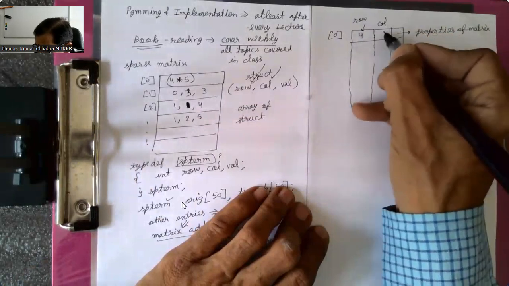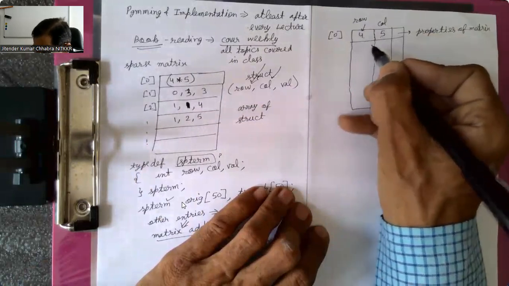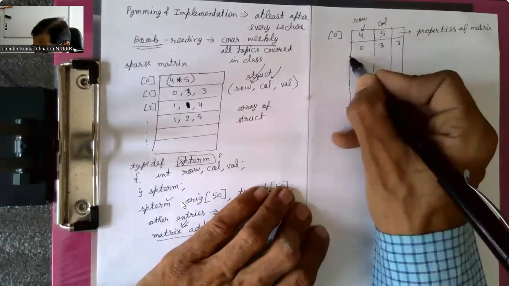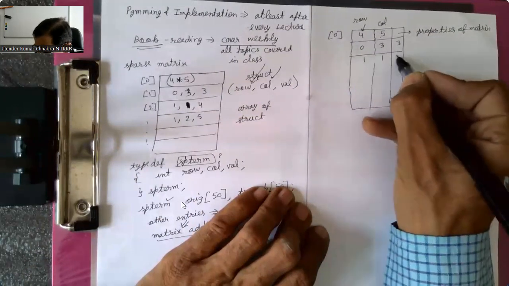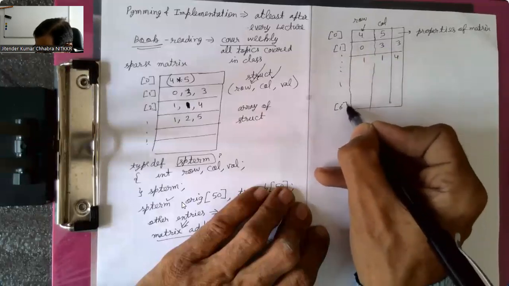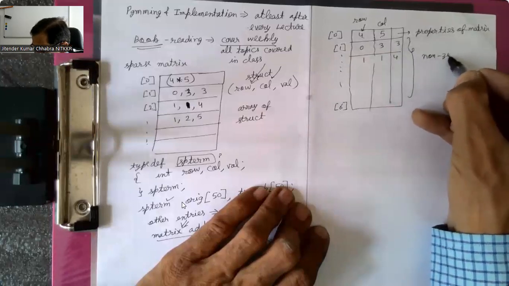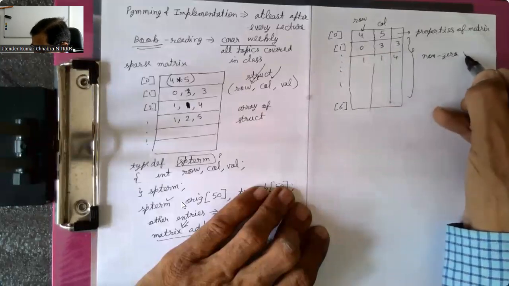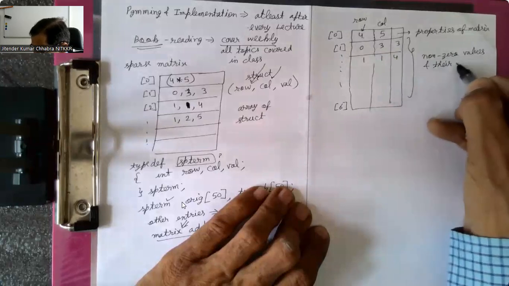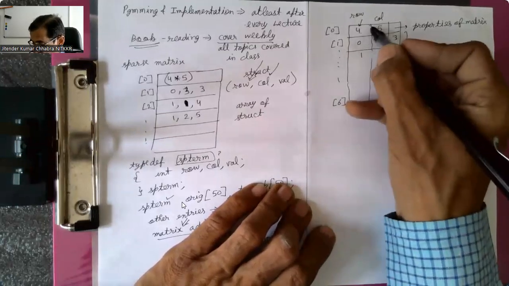So for the entry in row 0, it tells 4 into 5. And for the others, it tells the row number and column number for the non-zero value. So from 1 onwards up to 6, the non-zero entry details and their positions are stored.